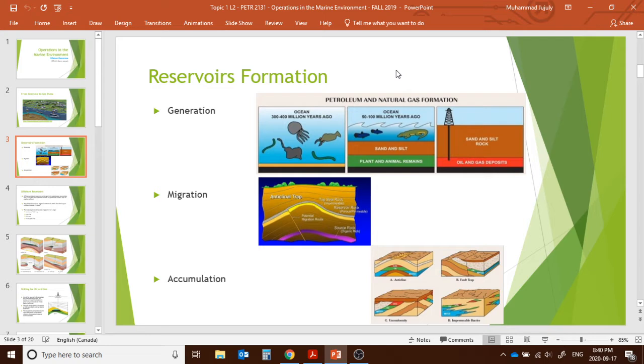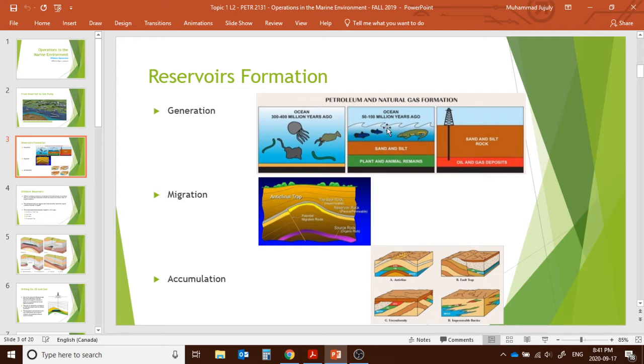We had lots of different varieties, but when these species died, the salt and silts went on top, and then over millions of years of terraformation, this oil and gas deposited. And we take out this oil and gas from there. So this is the generation phase. That's how oil and gas form.